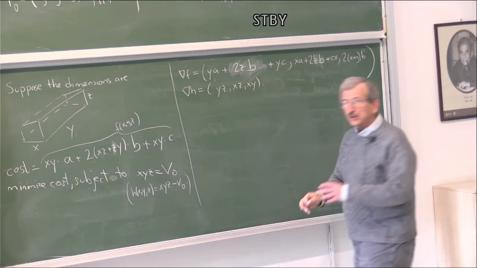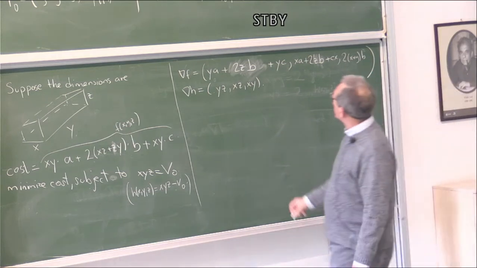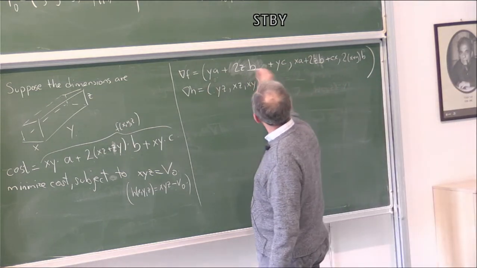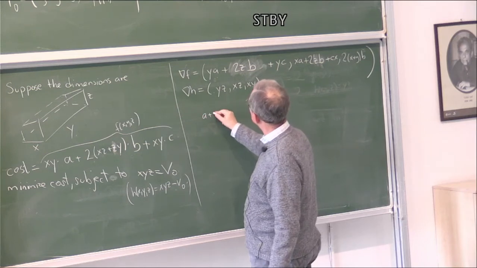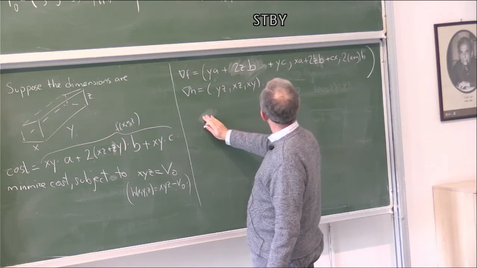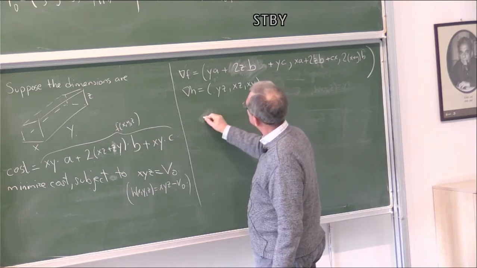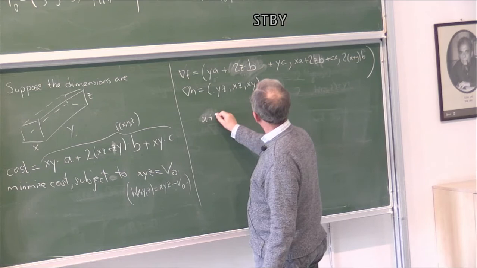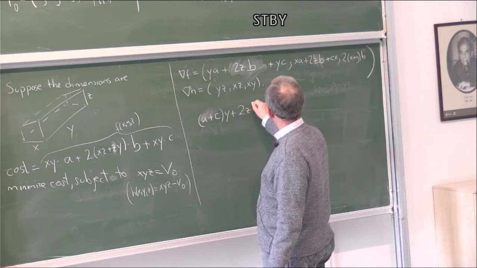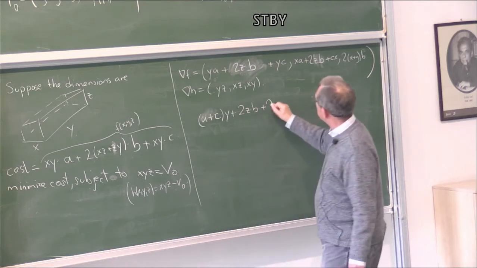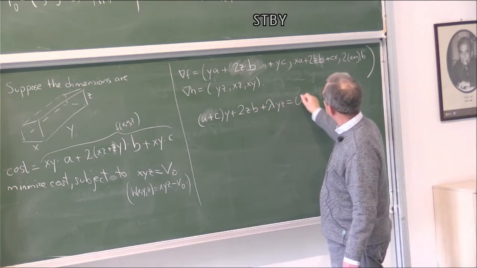Adding them with the Lagrange multiplier, for the first term, let me write them like this: (a plus c) y plus 2zb plus lambda yz is 0.